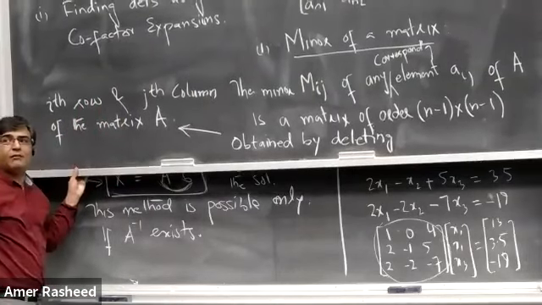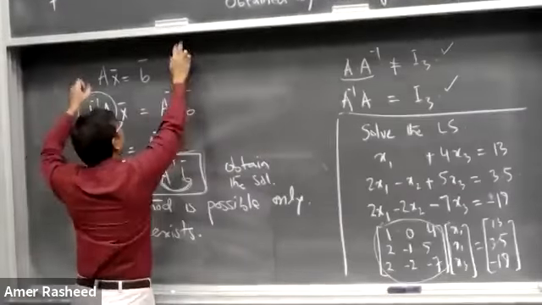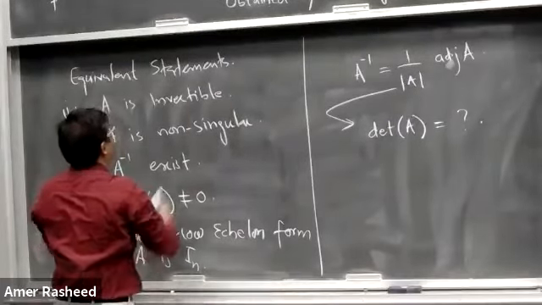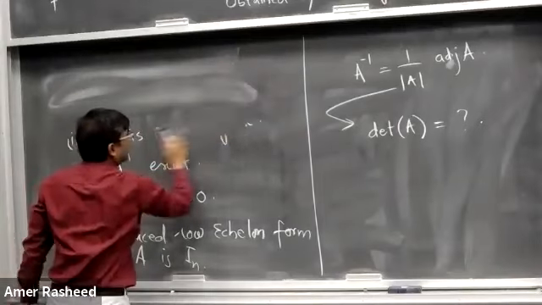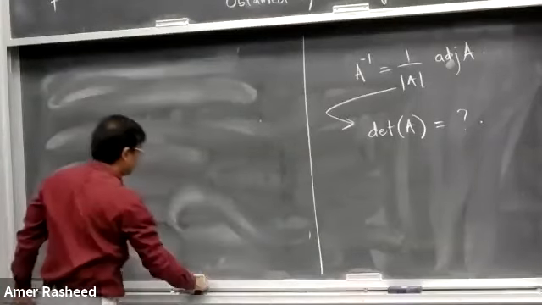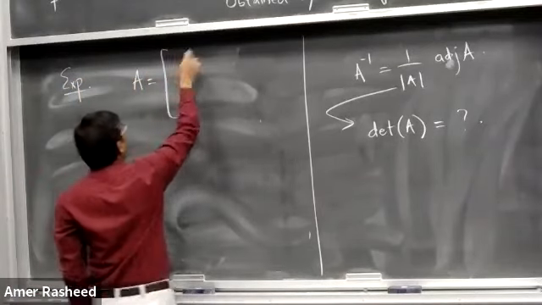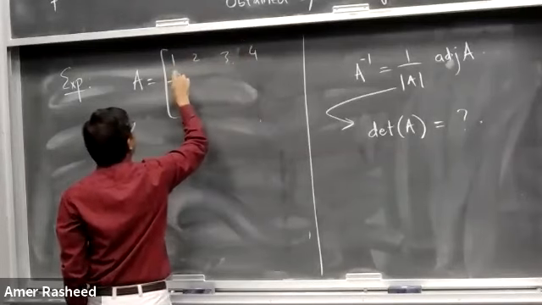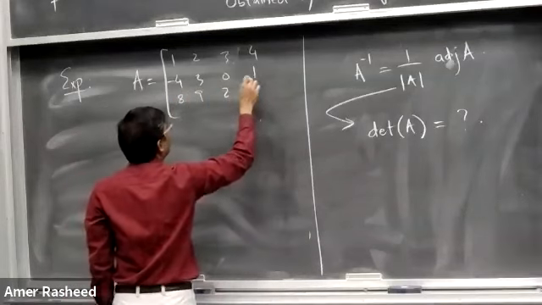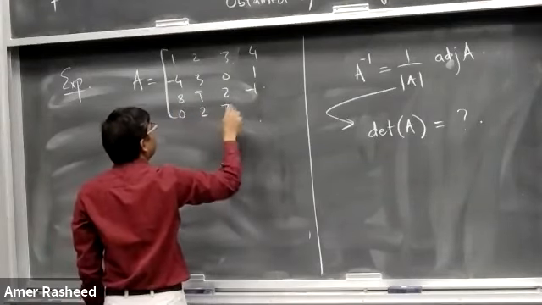Let's discuss this with the help of an example. Suppose A is a matrix of order 4 cross 4 with rows 1, 2, 3, 4; minus 4, 3, 0, 1; 8, 9, 2, 1; minus 1, 0, 2, 7, 9.